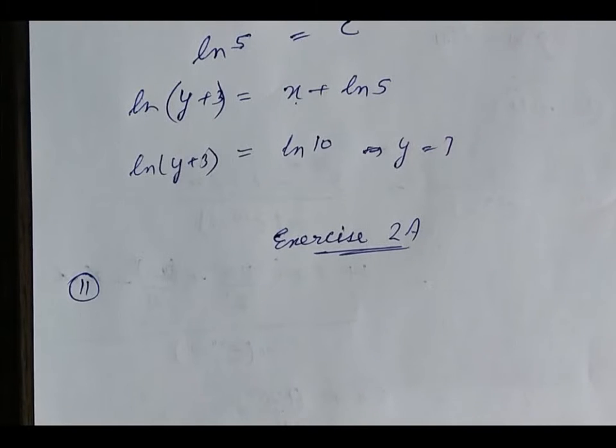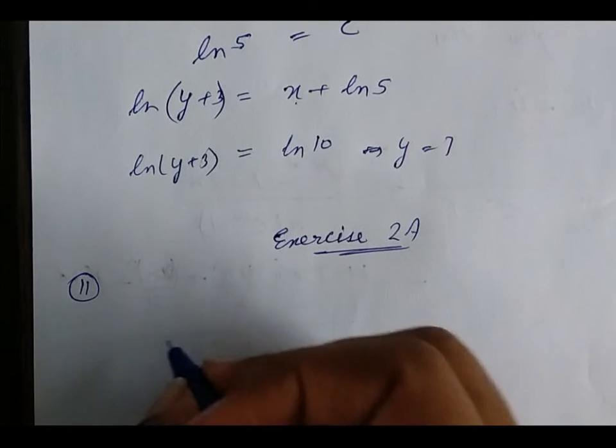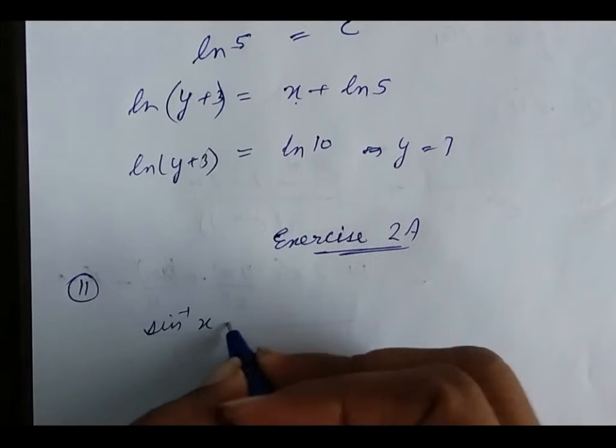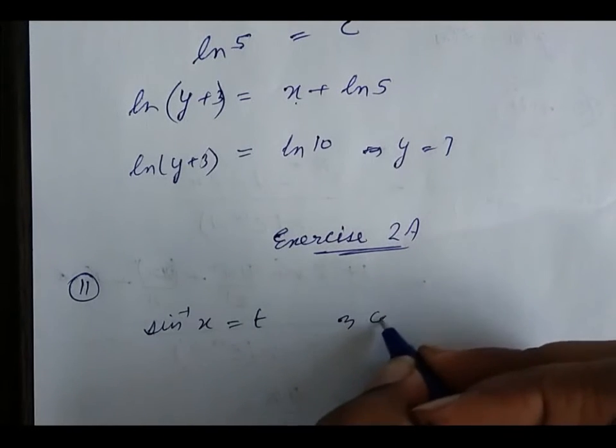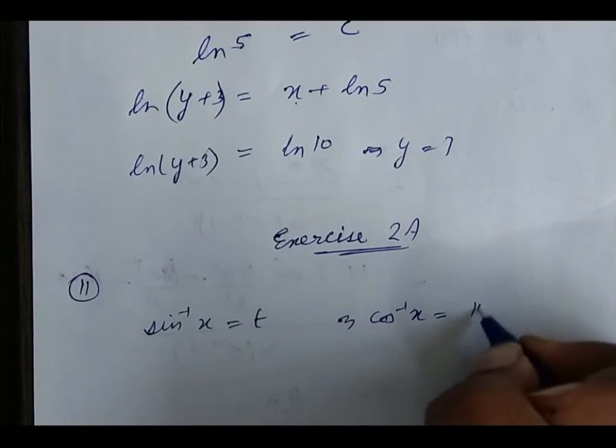So let sin inverse x is equal to t, then cos inverse x is equal to pi by 2 minus t.